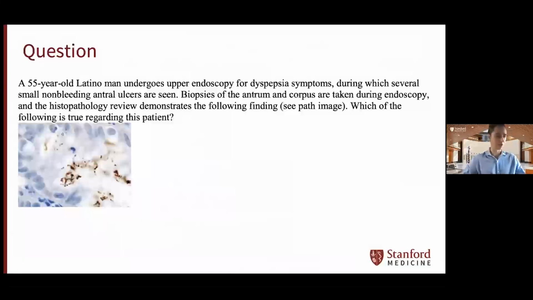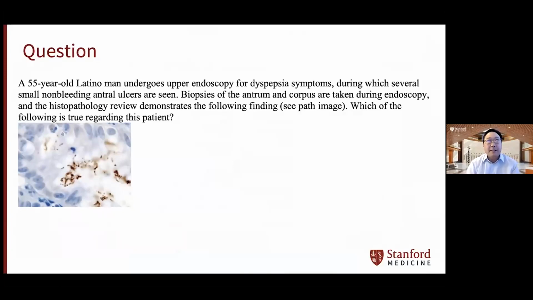And if we go back to the question stem, we can have a discussion about this with Dr. Huang. Yeah, so this question is actually very straightforward. It's asking you to recognize that this pathology is showing evidence for H. pylori infection. This is an IHC, or immunohistochemical, stain for Helicobacter pylori, and you have a Latino man.